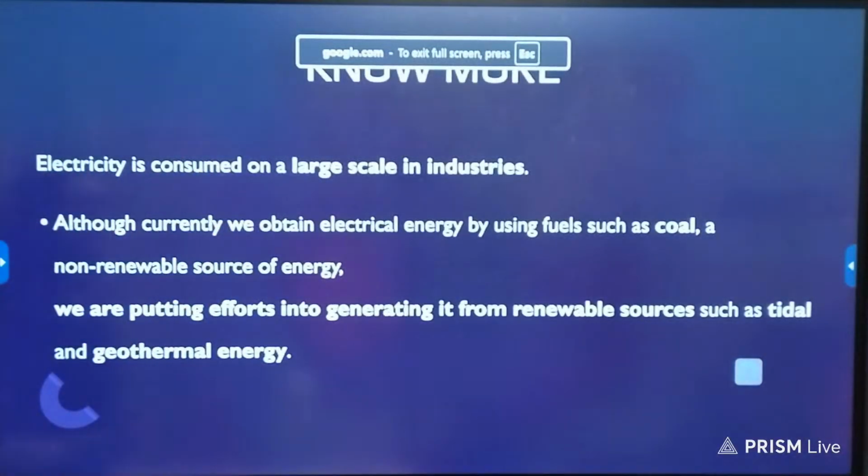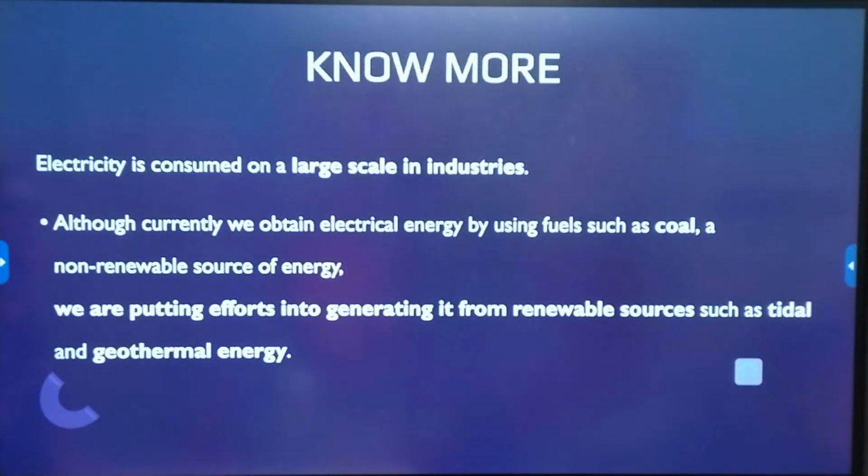Okay, let's read this. Electricity is consumed on a large scale in industries. Although currently we obtain electricity by using fuels such as coal, a non-renewable source of energy, we are putting efforts into generating it from renewable sources such as tidal and geothermal energy.